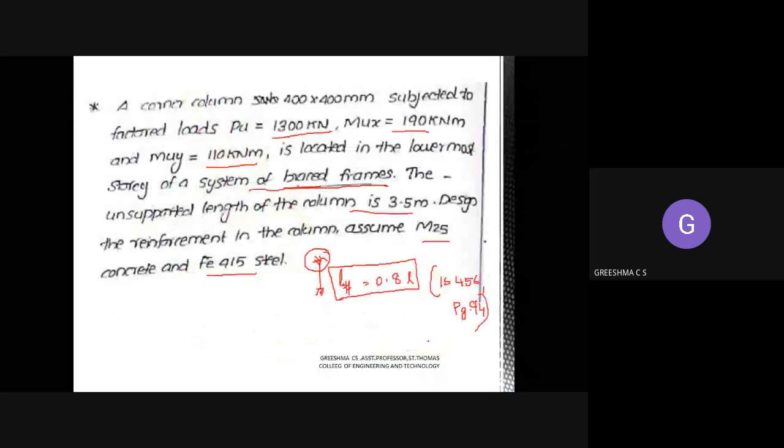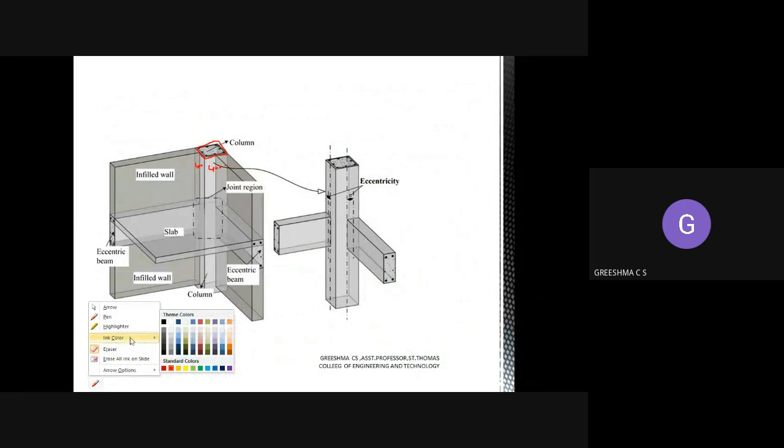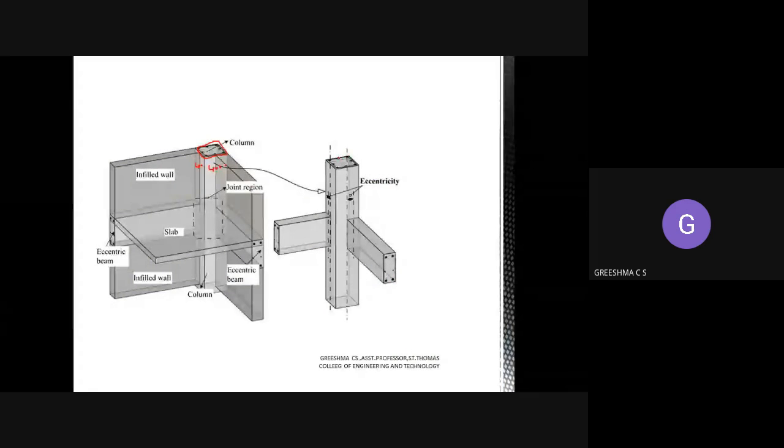If you are taking this column, from the x direction the load is acting at a distance of 146.15 mm, and from the y direction the load is acting at a distance of 84.16 mm.